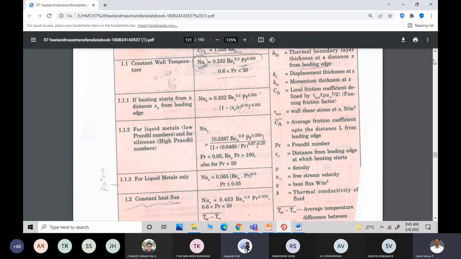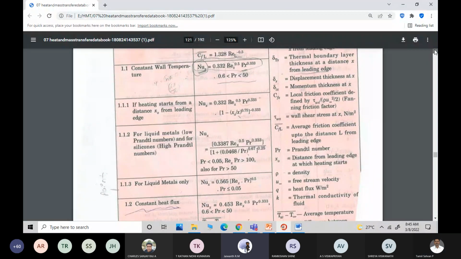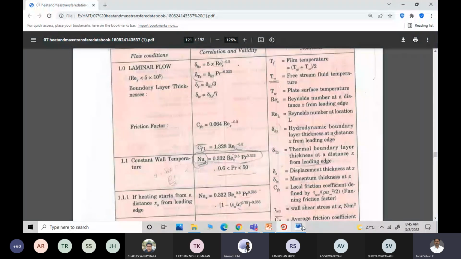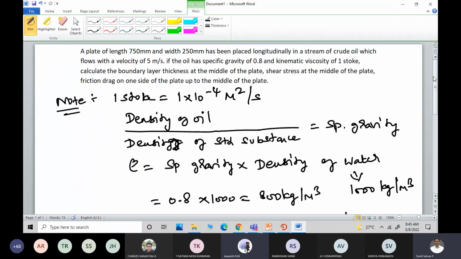Now, what are all the things which were asked? Del Hx is asked, right? The hydrodynamic boundary layer. So calculate the boundary layer thickness up to the middle of the plate. Let us calculate both the thermal boundary layer thickness as well as the velocity boundary layer thickness.